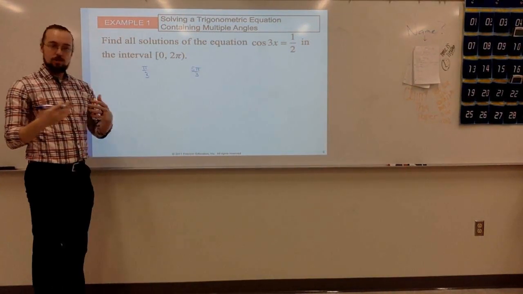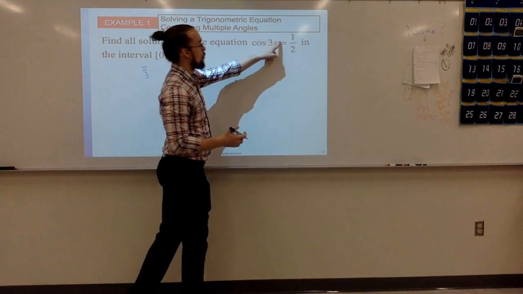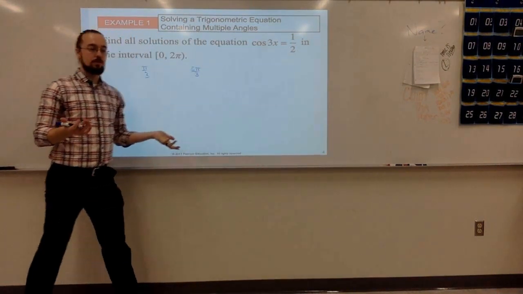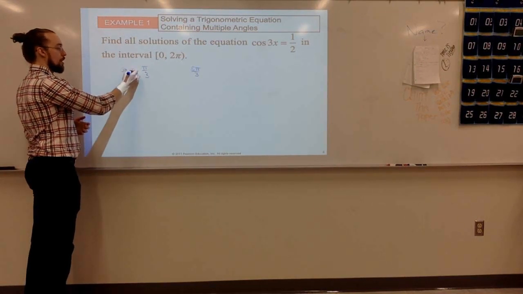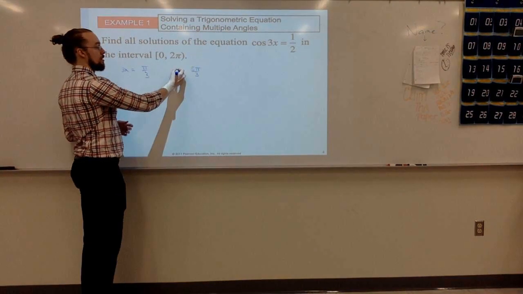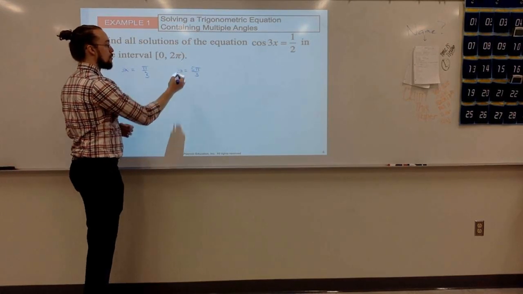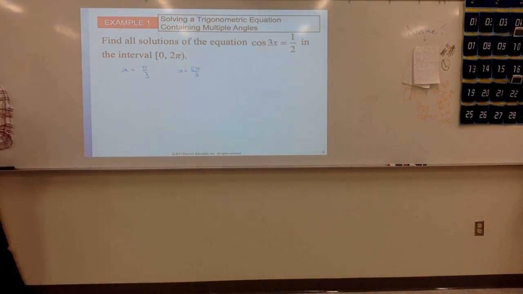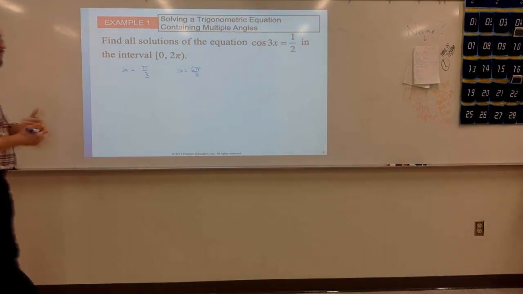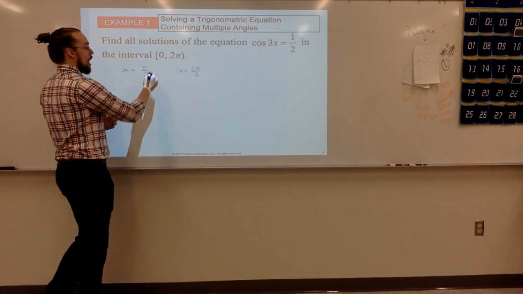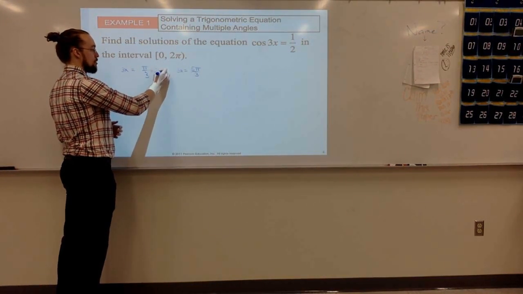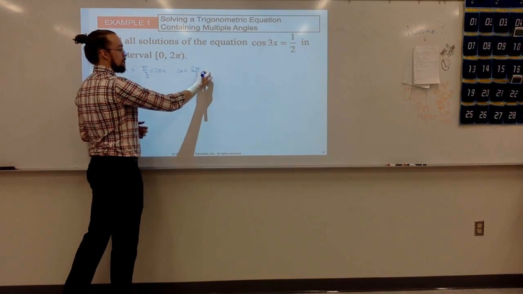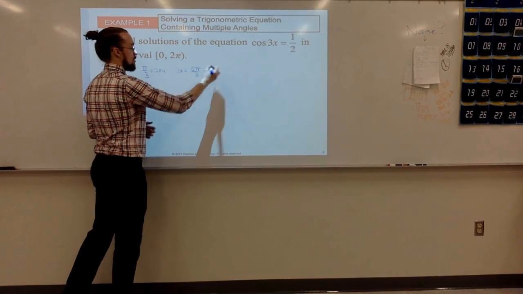So, just like we did before, we're going to take whatever's on the inside of the trig function and set that equal to these angles. So I'm going to say 3x equals pi over 3 and 3x equals 5 pi over 3. Now, the difference from what we did before, I need to tack on my plus 2 pi n for solving here.